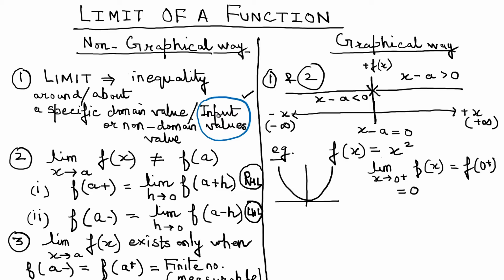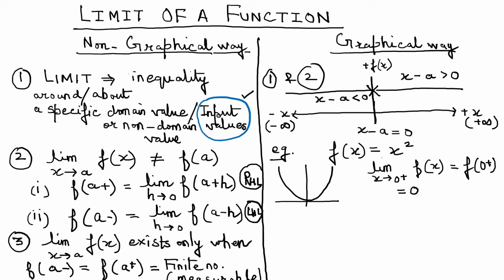But those restrictions give rise to a specific range, and that specific range is a finite number. That means the range cannot be expressed in terms of an interval. The range will always be expressed in terms of a specific value, which is a constant value.